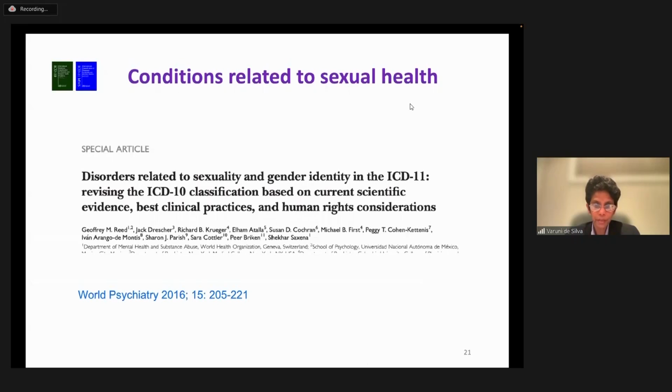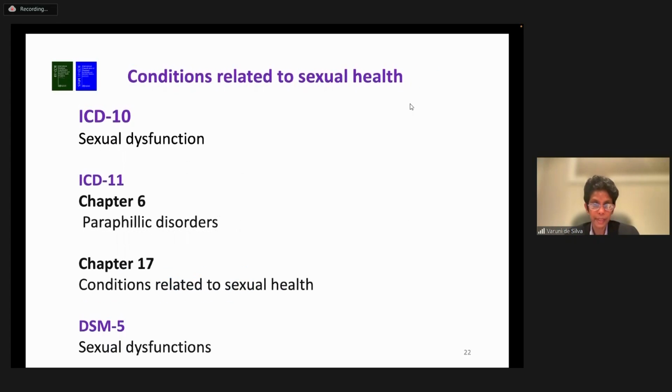Again, especially for the trainees, I suggest that they go and access this article because it really gives the disorders related to sexuality and gender identity in ICD-11, revising ICD-10 classification based on current scientific best clinical practice and human rights considerations. So that is the new thing that has come in, that has changed over the past 25 years. A lot of awareness and a lot of lobbying and human rights movements have resulted in this change.